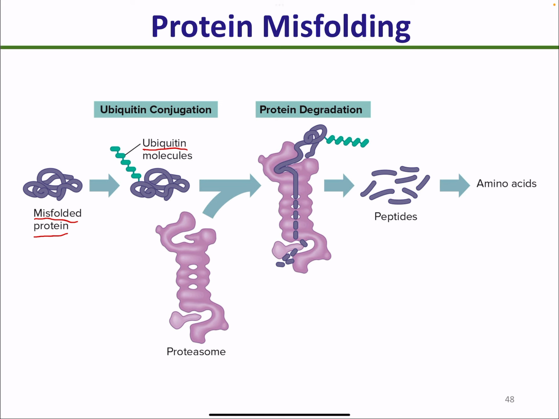That ubiquitin, one unit is not enough to actually label the molecule to be destroyed. So you need more than one tag.